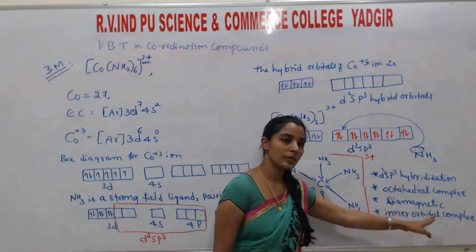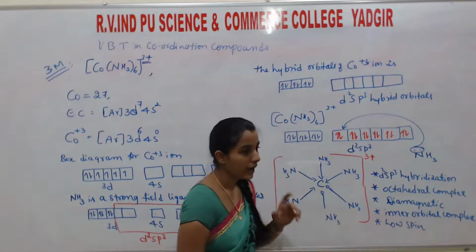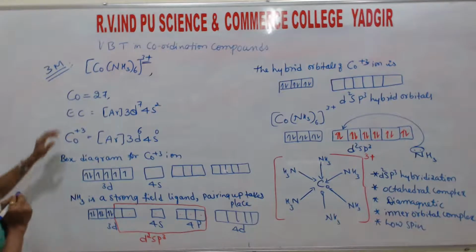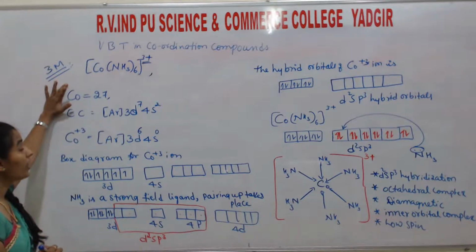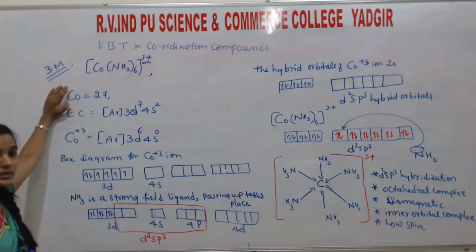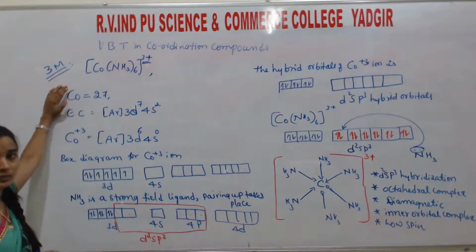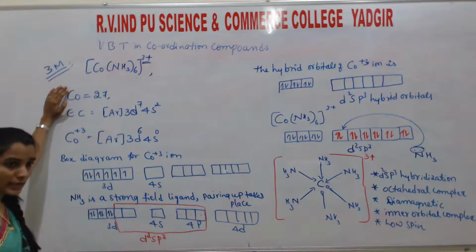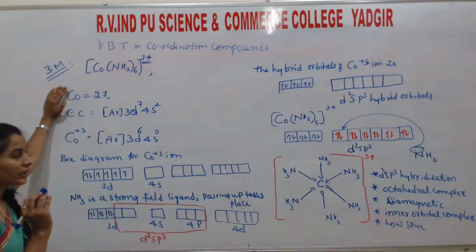If it is an outer orbital complex, then it is high spin. Understand? So this is all about the hybridization of [Co(NH3)6]3+. Understood? If you write this without missing any one step, you will get complete marks.